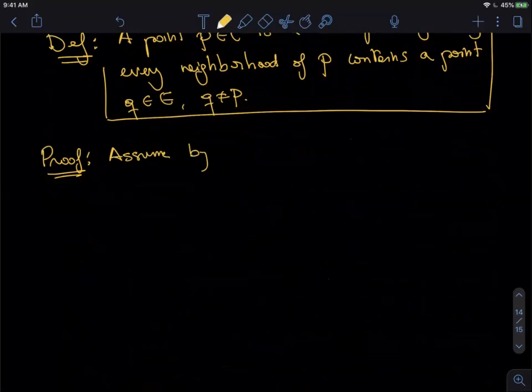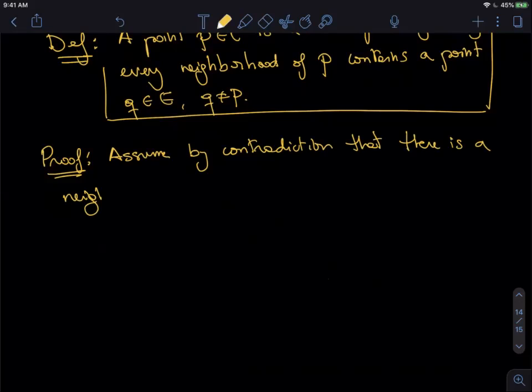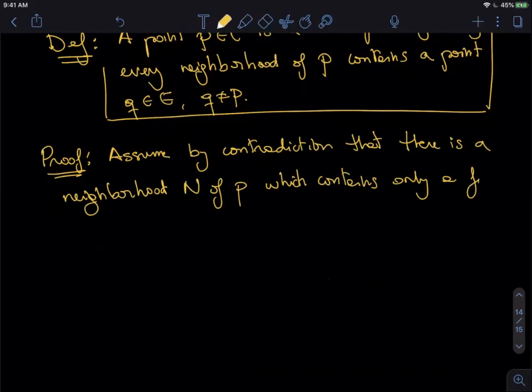Assume by contradiction that there is a neighborhood, let's say N of P, which contains only a finite number of points in E.